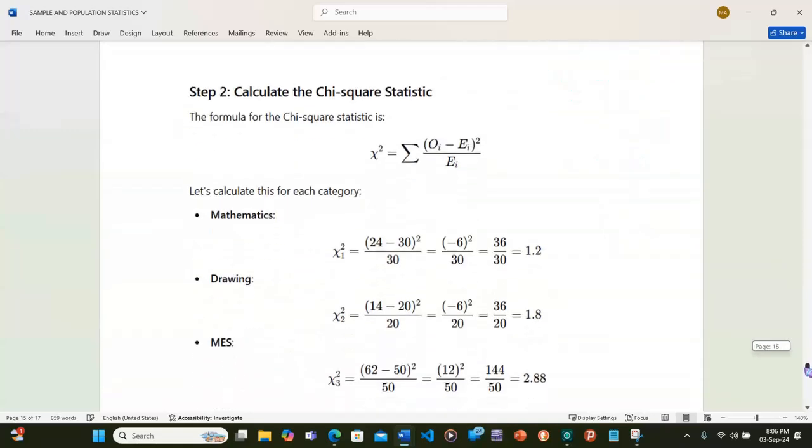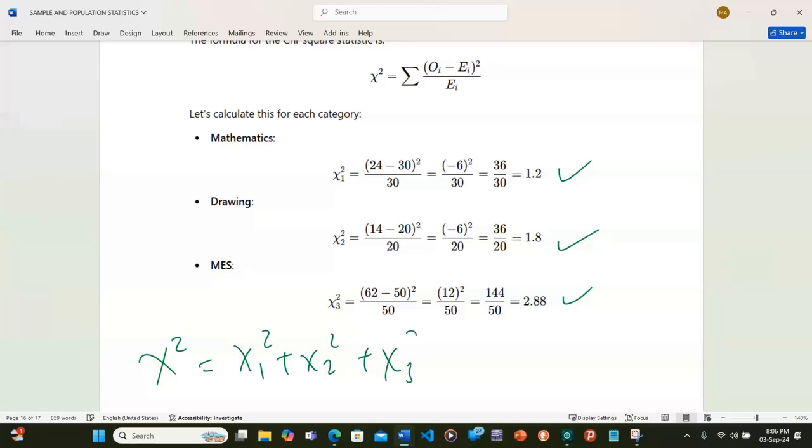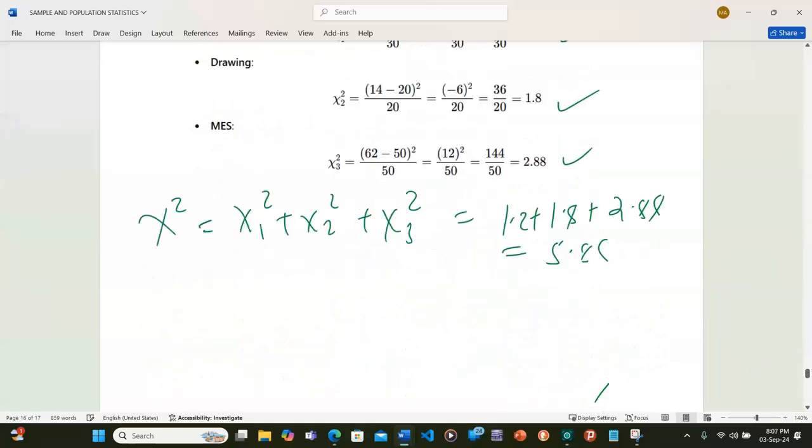So we get 14 minus 20, squared, divided by 20, and our value is there. The observed for mechanical engineering is 62 and the expected is 50. We divide by 50 and our value is there. So the chi-square will equal x1 squared plus x2 squared plus x3 squared, and this is 1.2 plus 1.8 plus 2.88, and this is 5.88.